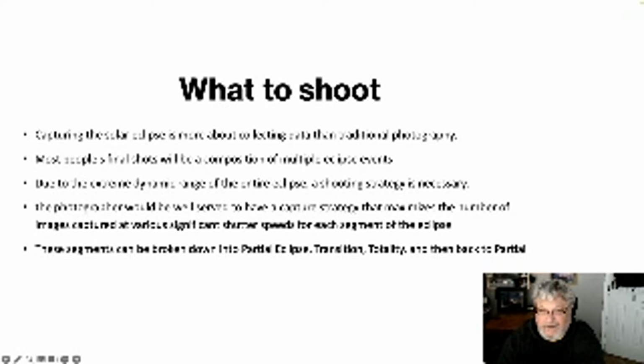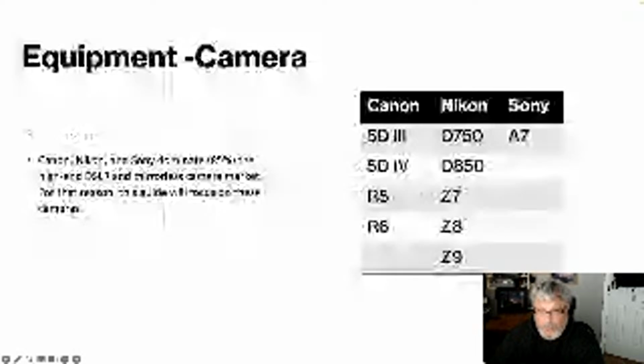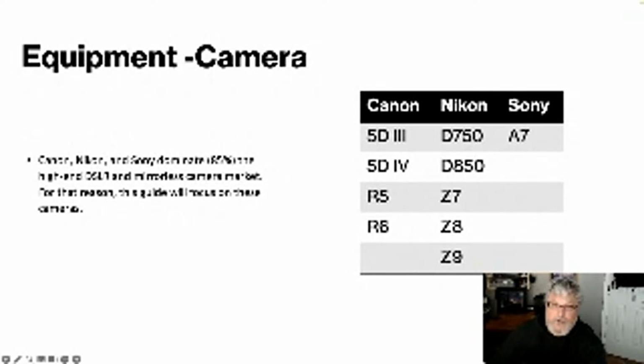You're well served to have a capture strategy that maximizes the number of images you're capturing at various significant events and shutter speeds at each segment of the eclipse. And these segments can be broken down into the partial eclipse, the transition to totality, and back to transition into the partial. So camera equipment.